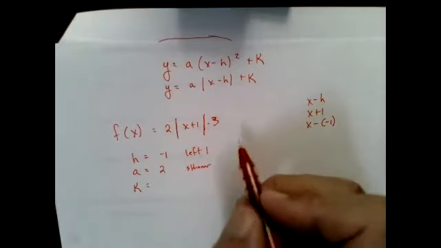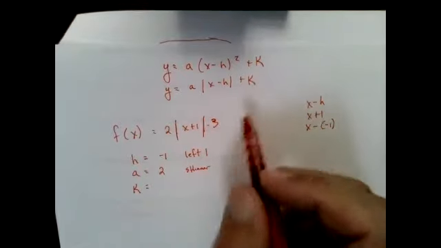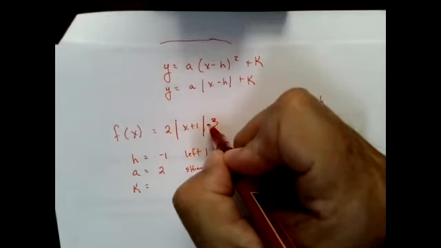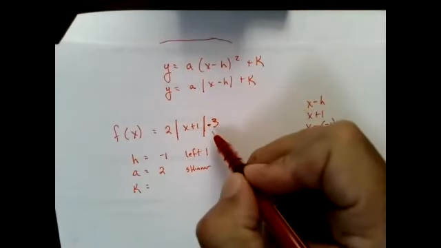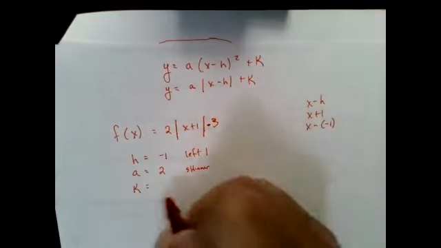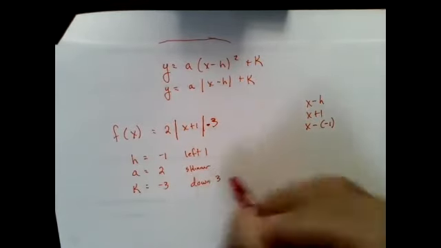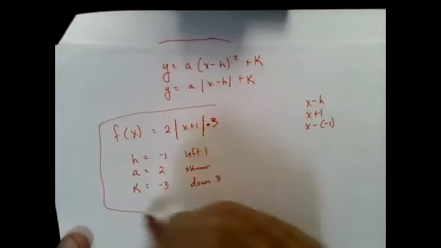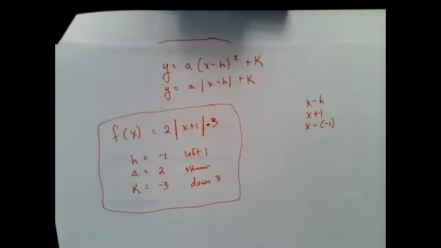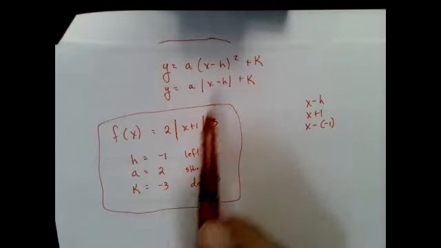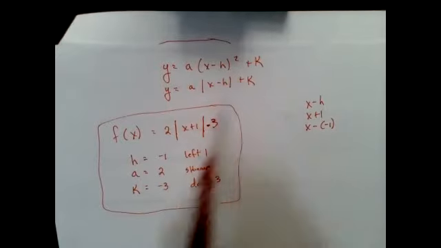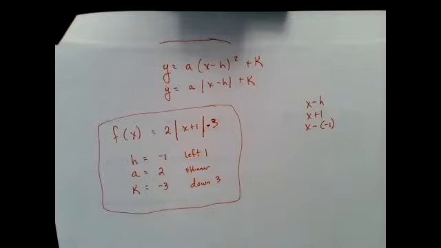Yeah, this is goofy, just like the h was. What's my k? -3. Yeah, -3, which means I'm going to be going down 3. I'm going down. I'm yelling timber. Sorry. So I looked at the generic form, and I came up with the hack.